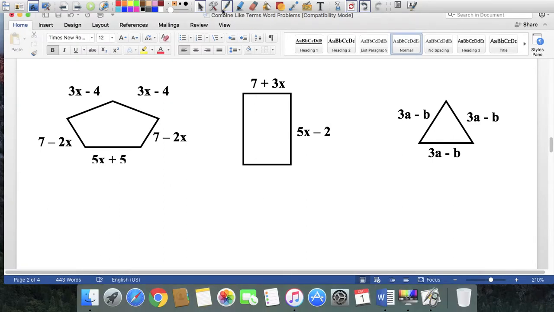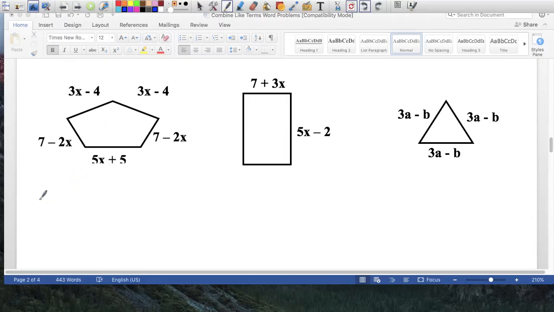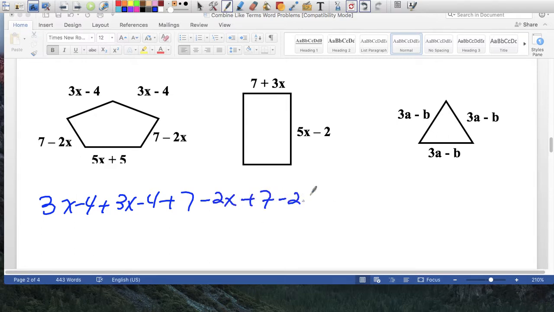Okay. Again, this one is 3x minus 4 plus 3x minus 4 plus 7 minus 2x plus 7 minus 2x, and then the last side, plus 5x plus 5. So let's do all the x's first.